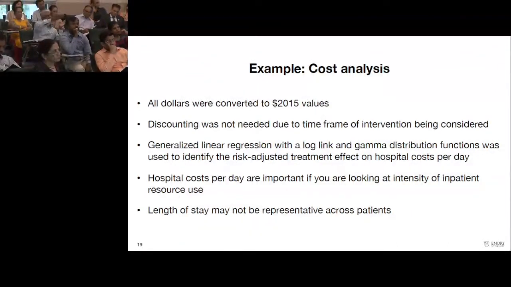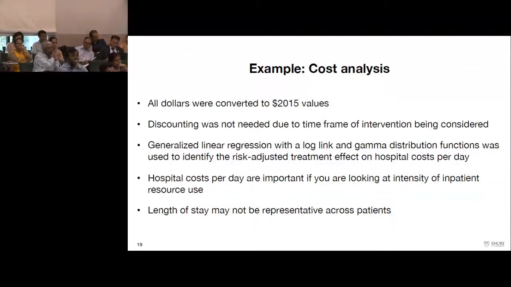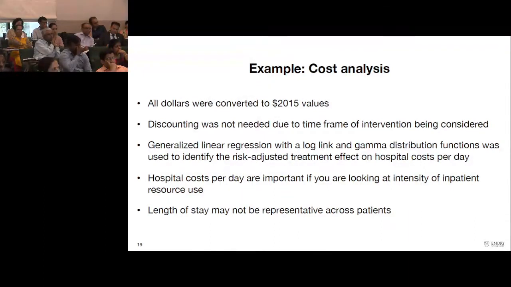So in that case, how do you? One option, if you're still worried that bringing the data to one time point doesn't adjust for this, you can include in this regression model fixed effects for each year.